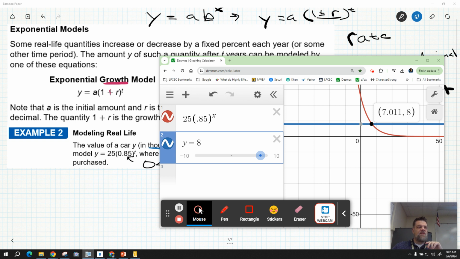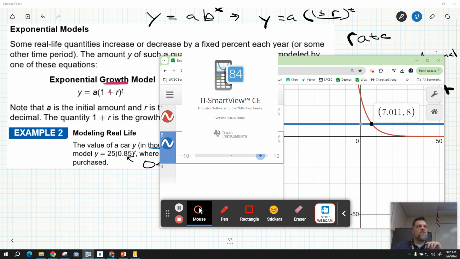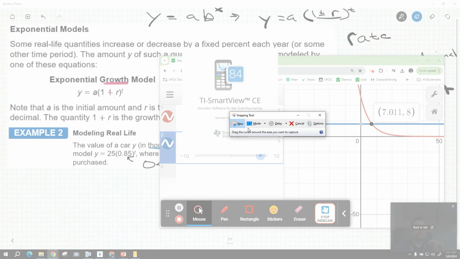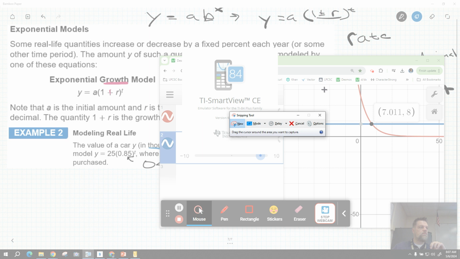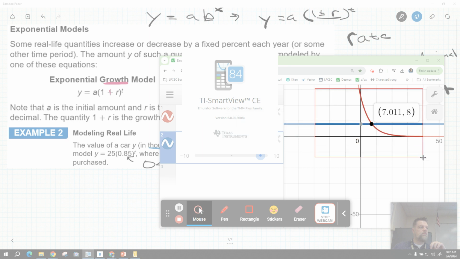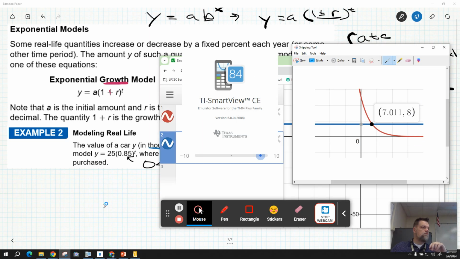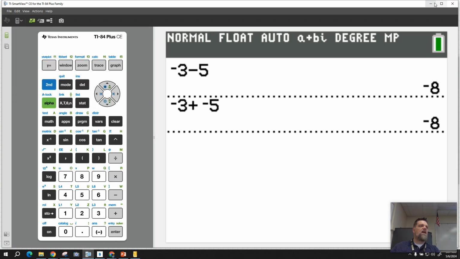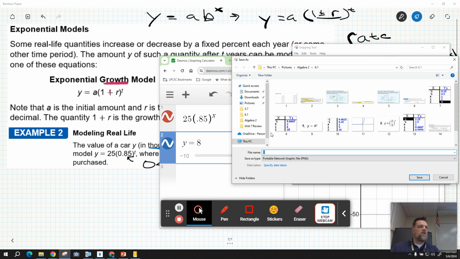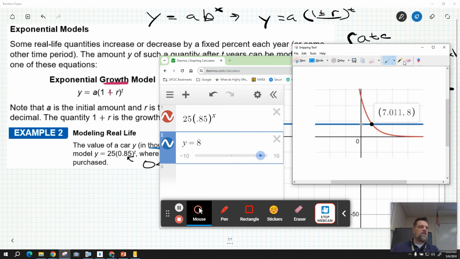What does that 7.011 represent? Well, that represents how many years it'll be until it's worth the $8,000.